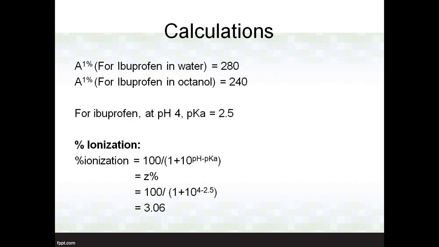Now let us see the calculations. So to determine the concentration, we would require the absorptivity of ibuprofen in water as well as in octanol. So the absorptivity of ibuprofen in water was found to be 280 and that in octanol is 240.